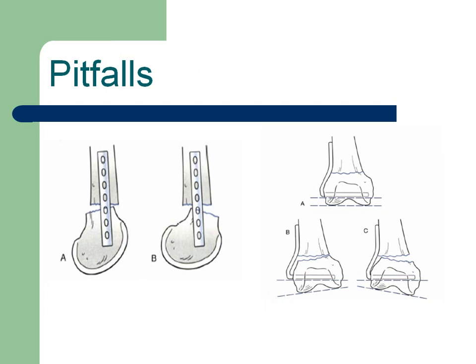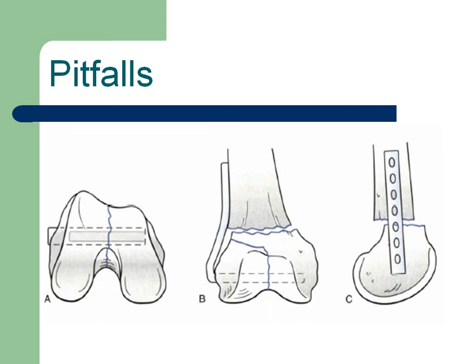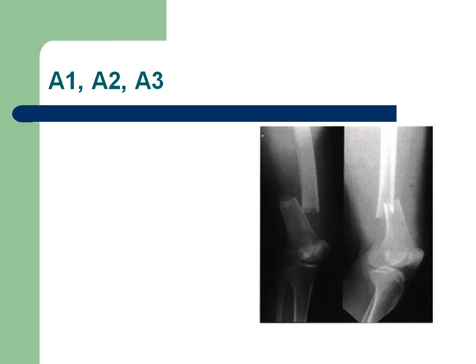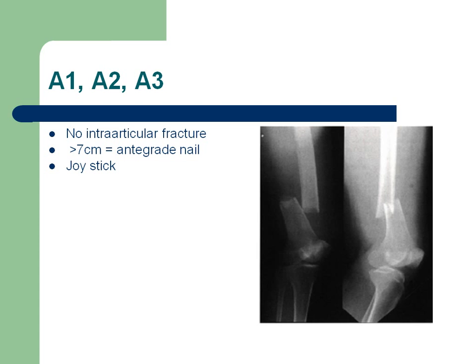What is the pitfall? If we could not control it, this is the result: angulation in the posterior or anterior of both fragments. An example of an A-type fracture: if we have more than 7 centimeters between these two fragments, we can use an antegrade nail, without opening the fracture site, by biological fixation, using a joystick and putting a Steinmann pin in the distal part percutaneously to reduce it.